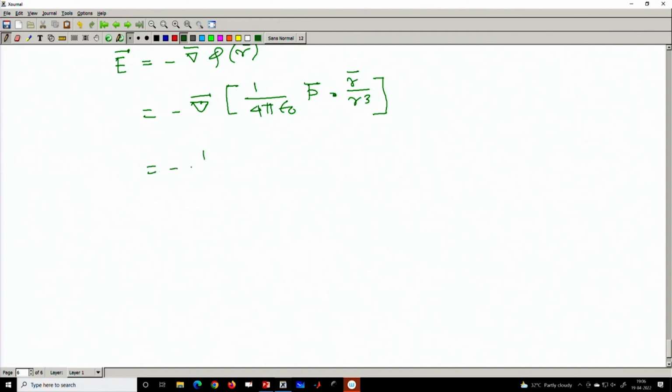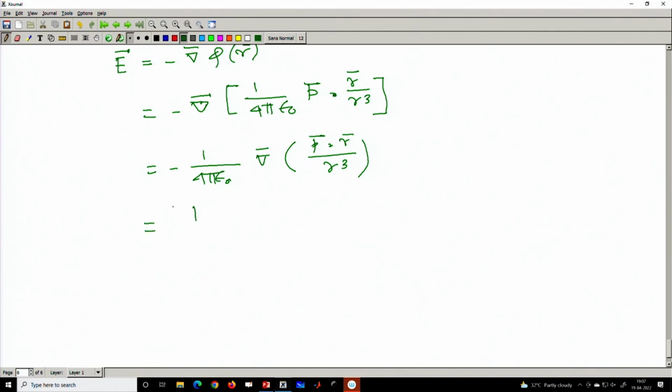So minus of 1 by 4 pi epsilon 0, and then the operator should operate over the quantity P dot R divided by R cube, and that quantity I can expand.